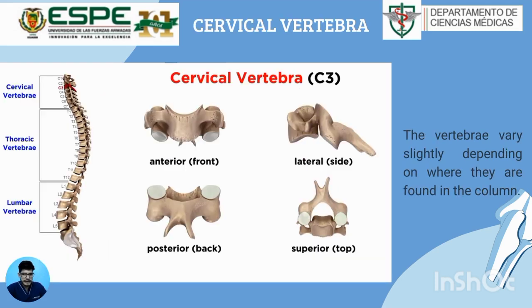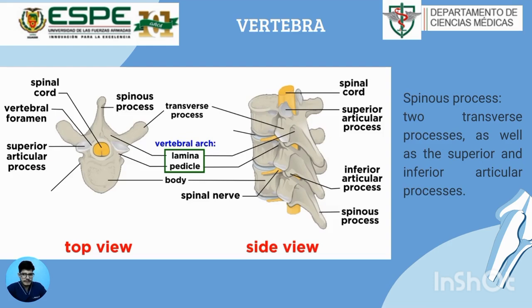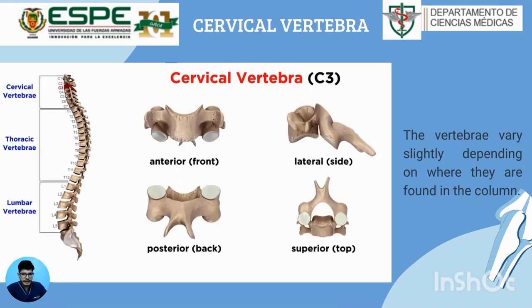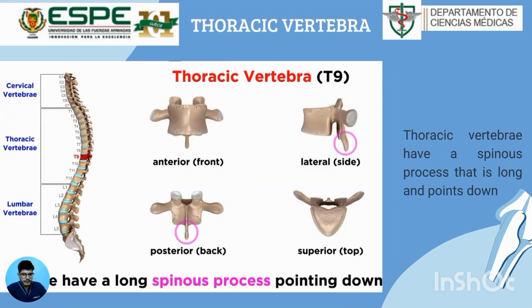Thoracic vertebrae have a long spinous process that points downwards and structures called demifacets, which connect to the ribs. Lumbar vertebrae are much larger, with pedicles and laminae that are short and thick and exhibit other slight discrepancies.